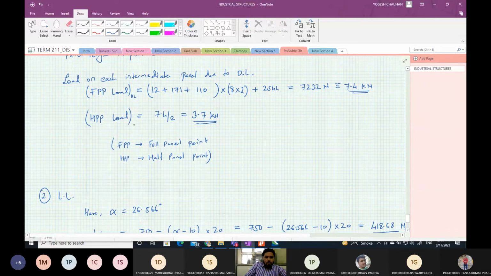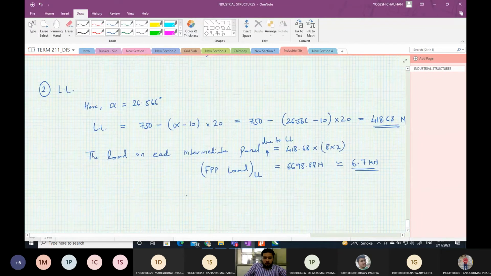This is half panel point load due to dead load. Same way, half panel point load due to live load will be 6.7 by 2, that is 3.35 kilonewton.